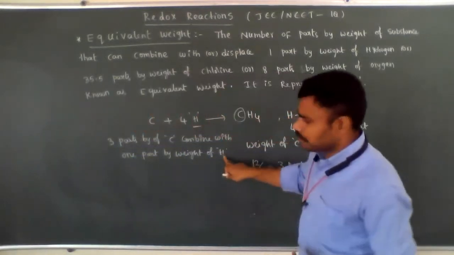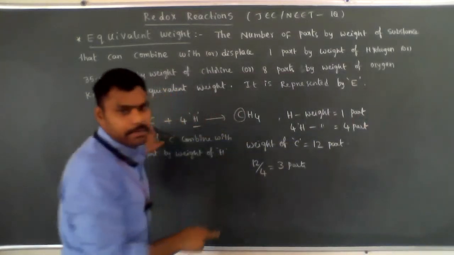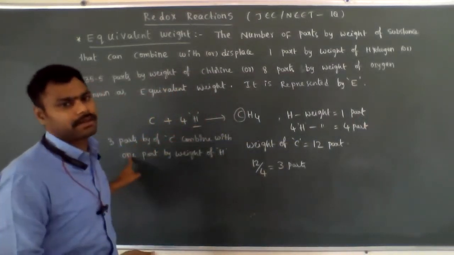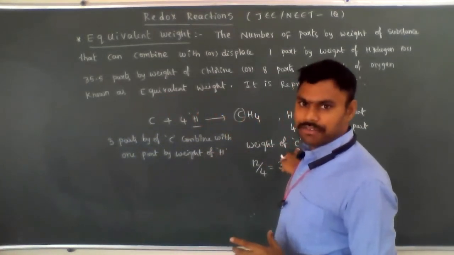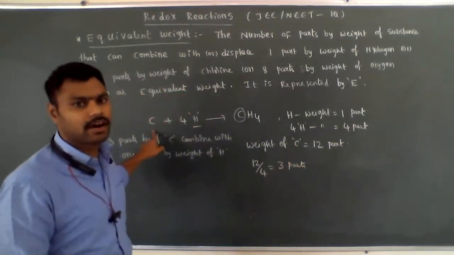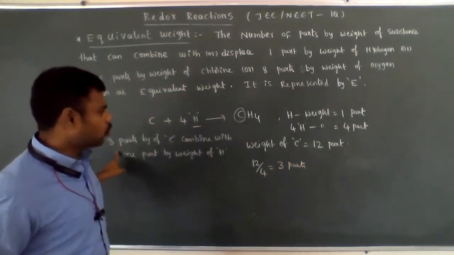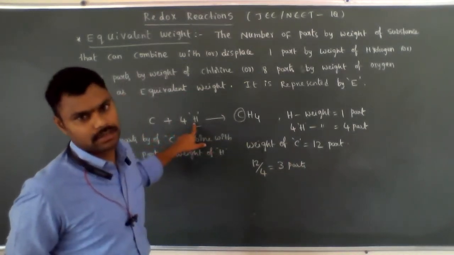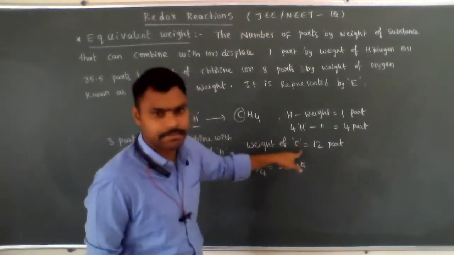So compare that 1 part by weight of hydrogen atom. How many parts of carbon are involved in combining with one hydrogen atom? 3 parts by weight, because the gram atomic weight of carbon is 12 grams. Carbon's combining capacity is 4 hydrogen atoms, so the 12 grams is equally distributed, 3 parts, 3 parts and 3 parts.